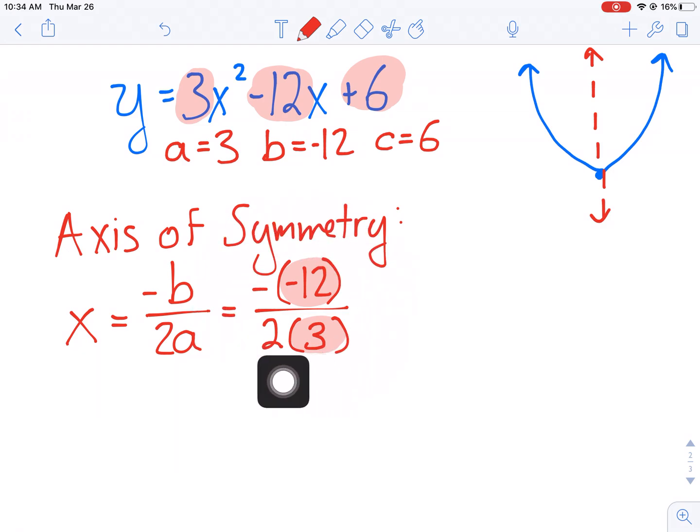So now we're going to calculate what we just put into our formula. 2 negatives, so negative negative 12, will make a positive. So on the top, we just have 12. On the bottom of our fraction, we have 2 times 3, which is 6.